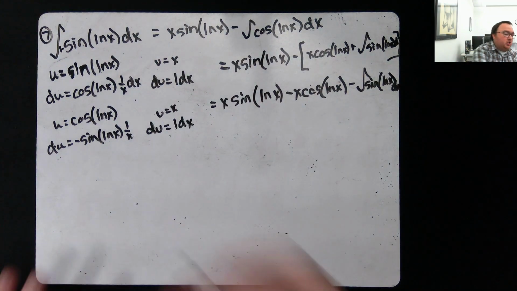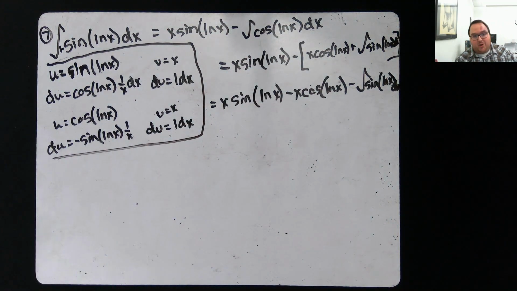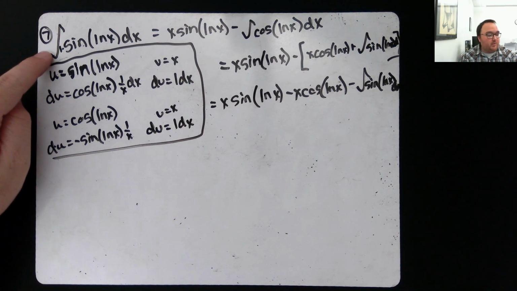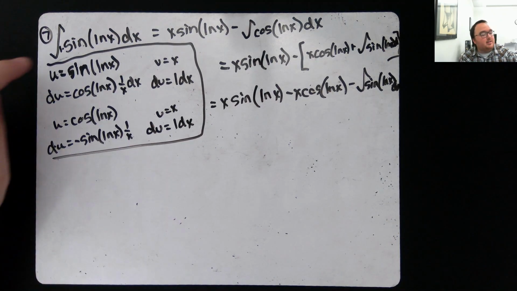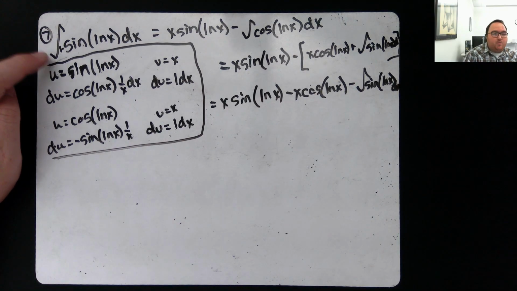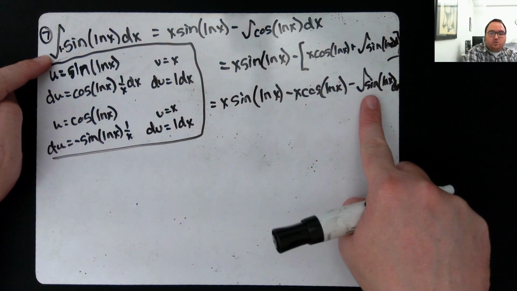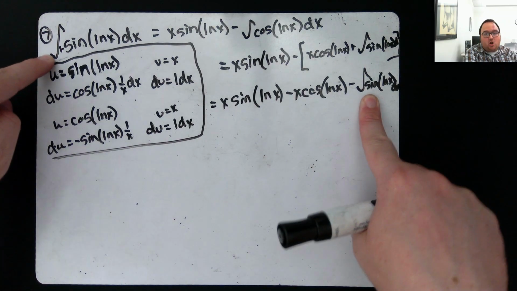So what I can actually do now, instead of just being caught in a weird time loop, is turn this into an equation. What I want is the antiderivative of sine of the natural log of x. I have one of those over here. I have one of those over here. Let's put those on the same side and I can solve it.